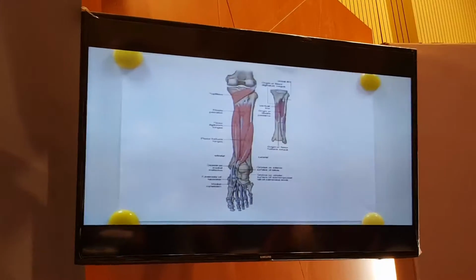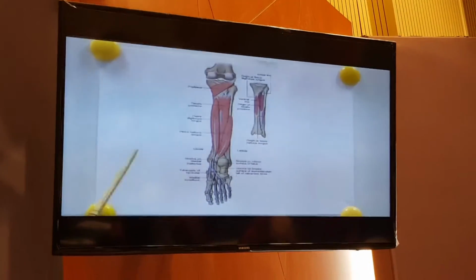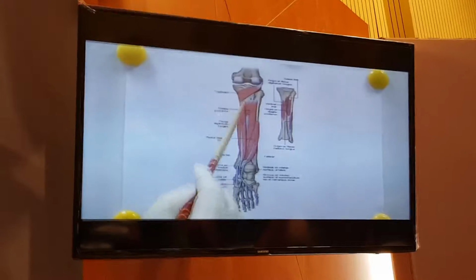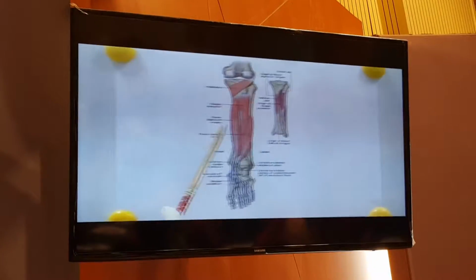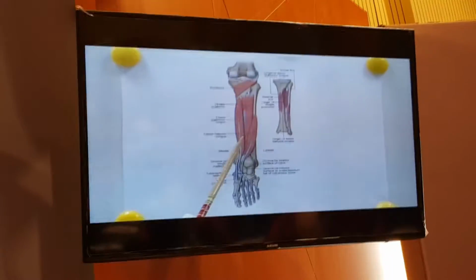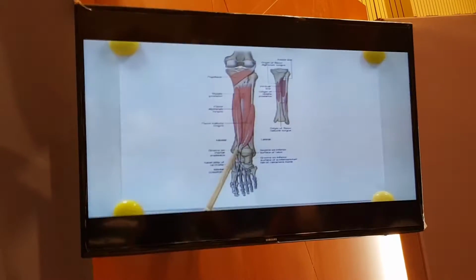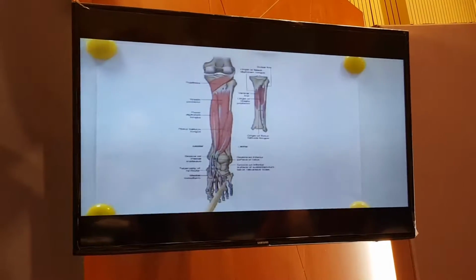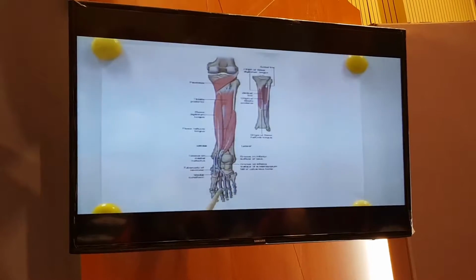It consists of, from above, the popliteus muscle behind the tibia. Then if you come down, you have the flexor digitorum longus muscle, divided into 4 tendons and going to the digits.